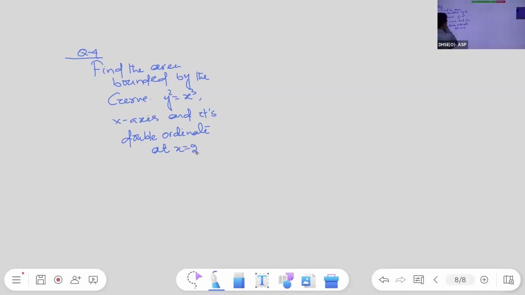Find the area bounded by the curve y square is equal to x cube, x axis, and its double ordinate at x is equal to 2. Take 2 minutes of time, try to solve this.